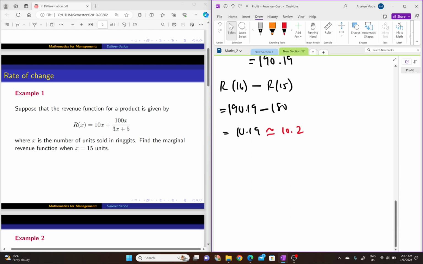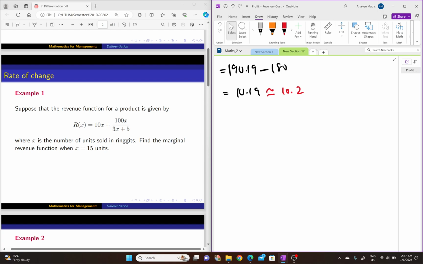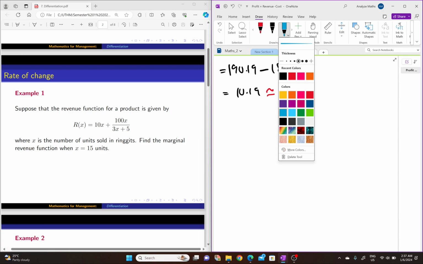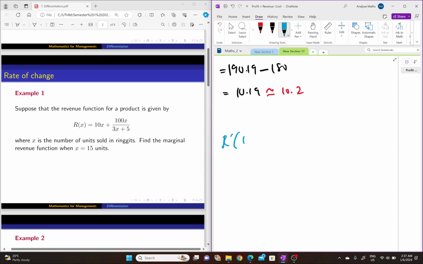So basically, if I want to write here a formula, then how can I write? Marginal revenue of 15 is approximately the same as revenue of 16 minus revenue of 15.